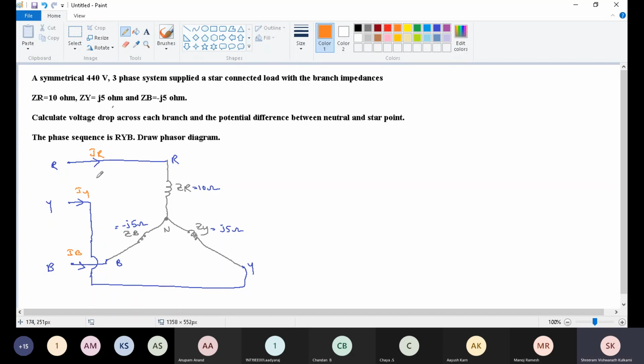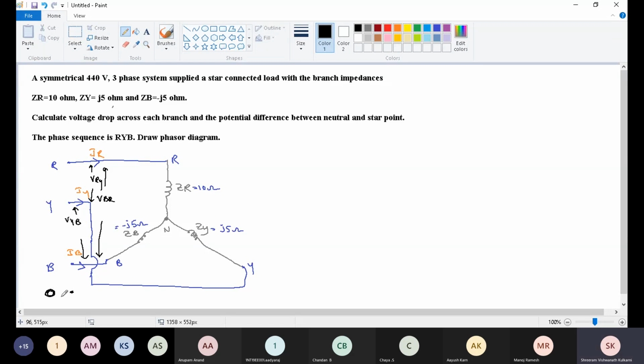We need to calculate across each phase. First, the line voltages VRY, VYB, then VBR. Now, this is O. What is O?